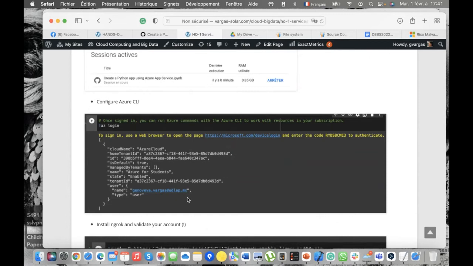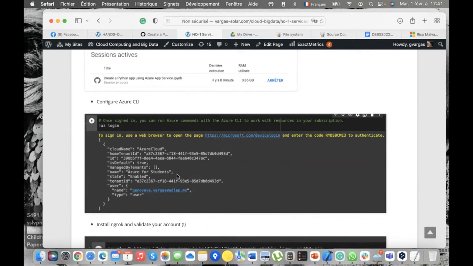And if you recall, once we have installed CLI, we have to log in as users of Azure in order to be granted this use of CLA.